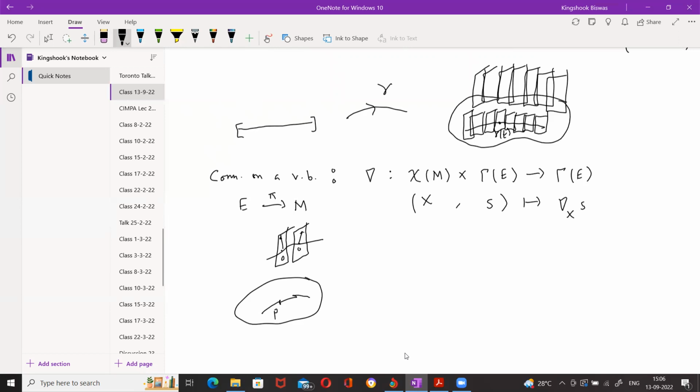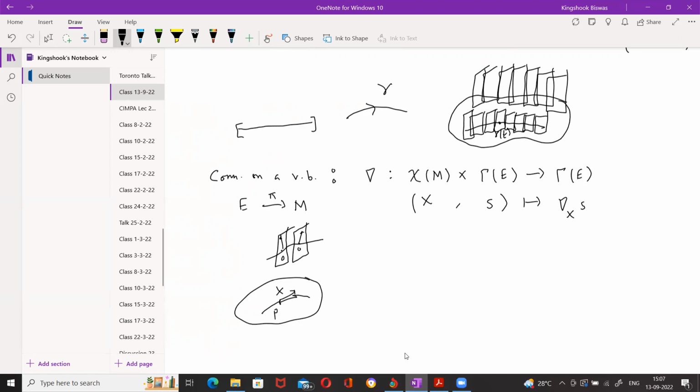Now you want to differentiate the section along this direction. This direction is the vector field X, which is a vector field on the manifold. So the problem is, the section is taking values in different vector spaces. So how do you differentiate it? Well, the connection is just a way to differentiate sections.